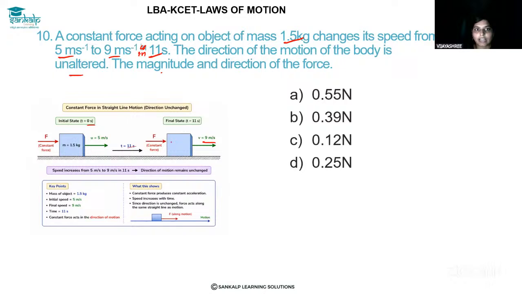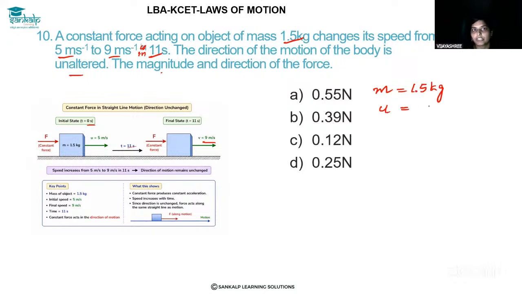We are given that the direction of motion of the body is unaltered, meaning the object keeps moving in the same direction in which it was initially moving. So the direction of motion is unchanged here. What we need to calculate is the magnitude and direction of the force. Let us write the data. Mass of the object is 1.5 kg.